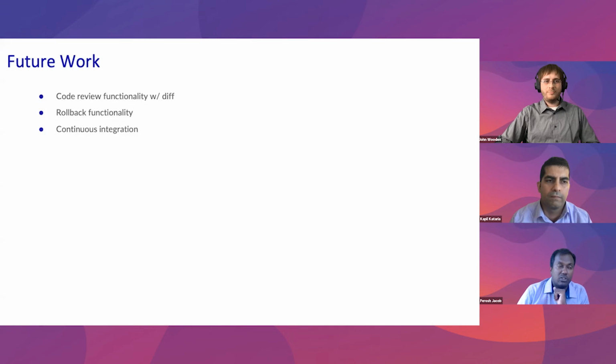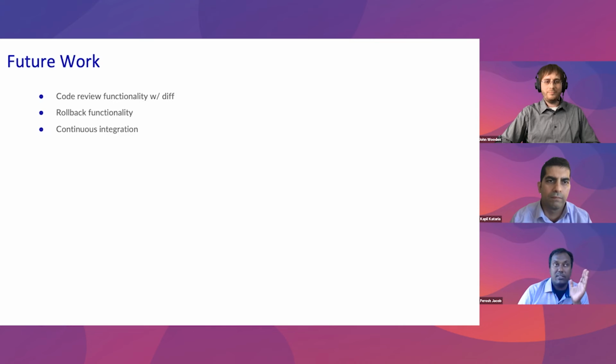And then another key functionality that we really want to implement is a rollback. What it means is sometimes we do all kinds of testing, we do everything we can before we deploy the change, but things can go wrong.